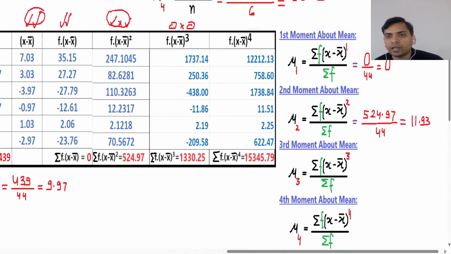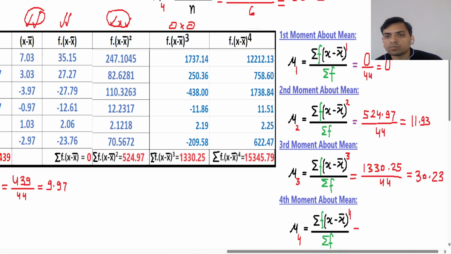And then next, this is 133.25, and summation f is 44. So this value is how much? This value is 30.23.